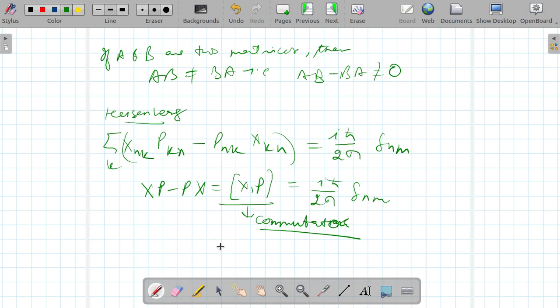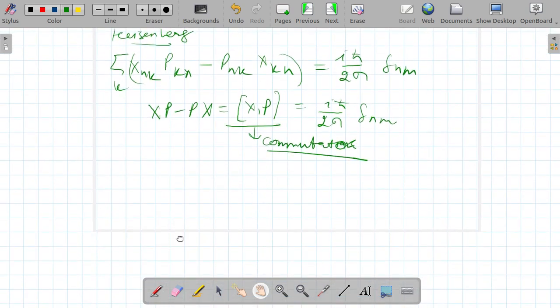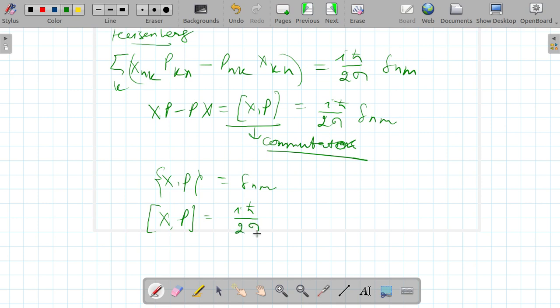And this looks like a Poisson bracket. So if I recall the Poisson bracket, then the Poisson bracket of x and p is equal to δ_nm. So that means this commutator of x and p is related to the Poisson bracket in this manner, right?